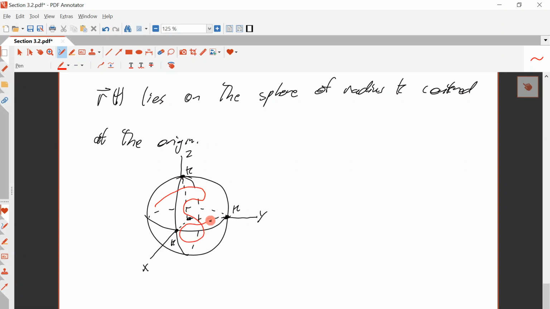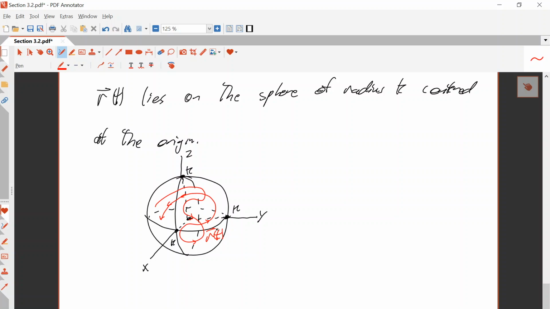Somehow some kind of path that lies on the sphere. So this is r of t. Okay, so if the magnitude of r of t is always the same k, then r of t is some path described on the surface of that sphere.